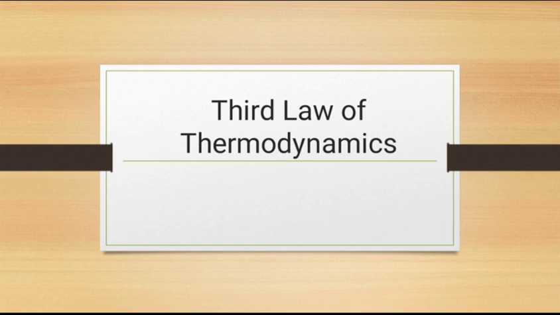We therefore postulate the third law of thermodynamics as a generalization, and it can be stated as follows. The first form of the third law of thermodynamics is: it is impossible by any method, no matter how idealized, to reduce the temperature of any system to absolute zero in a finite number of operations.